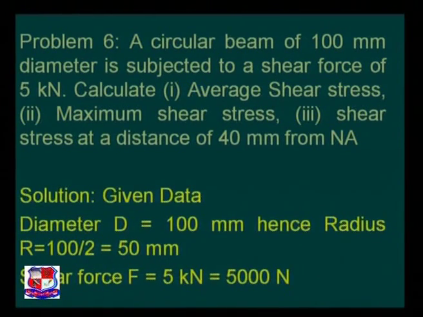Also, it is subjected to a shear force of 5 kilonewton, that is 5000 newton. Intention is to find out the average shear stress, maximum shear stress, and shear stress at a distance of 40 mm from the neutral axis. That is the value of y, 40 mm, which has been given to us, and the intention is to find out the value of shear stress at that particular location.